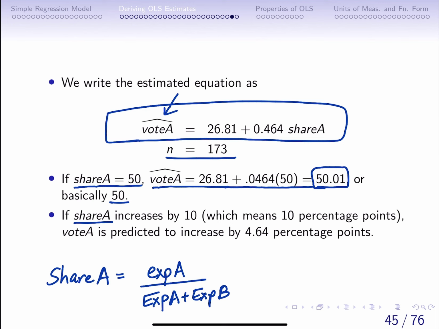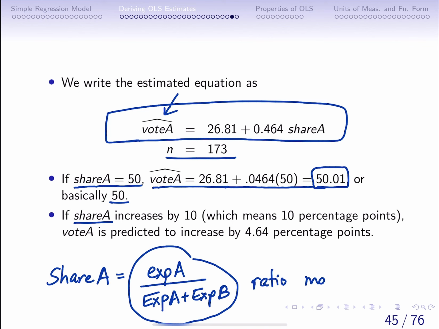This is how we're capturing the share. So this is a ratio. And the maximum value would be 1, when all the expenditure is on candidate A, versus 0. So it would lie somewhere between 0 and 1, the range of this variable.